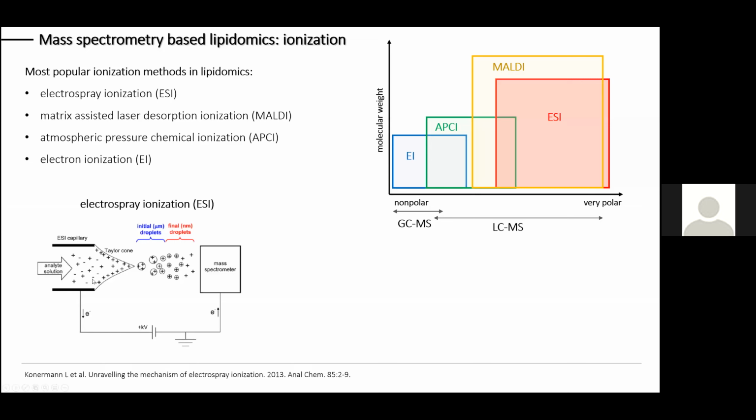So in electrospray ionization, our analyte solution is present already in ionic form in the liquid, and we apply the voltage between the capillary and the entrance to the mass spectrometer in such a way that, as shown on this cartoon, positively charged ions will be directed and dragged towards the mass spectrometer entrance.